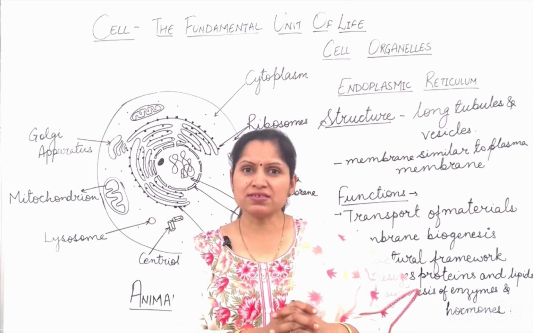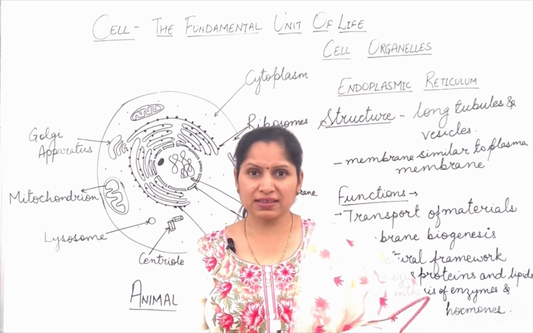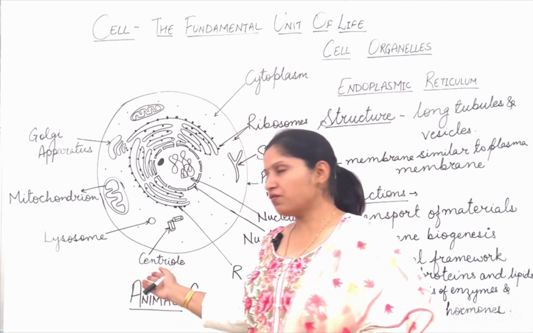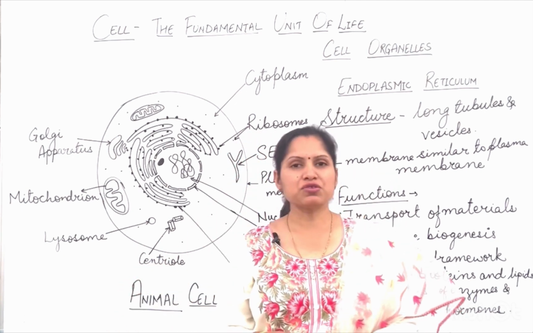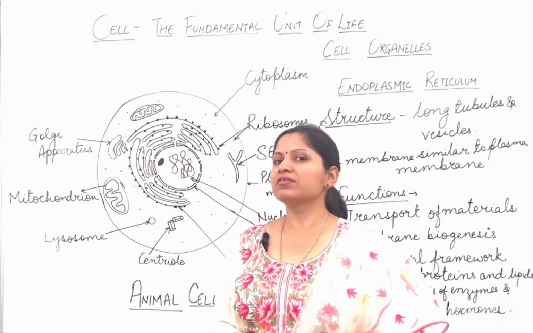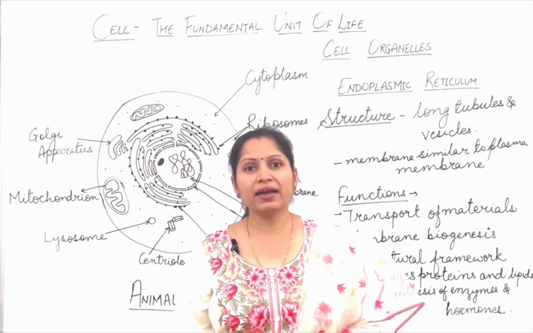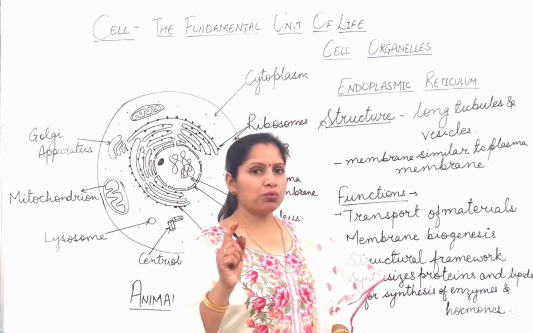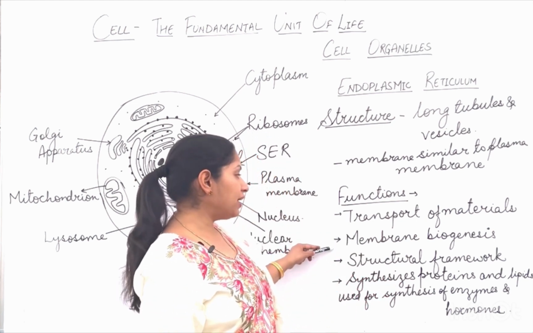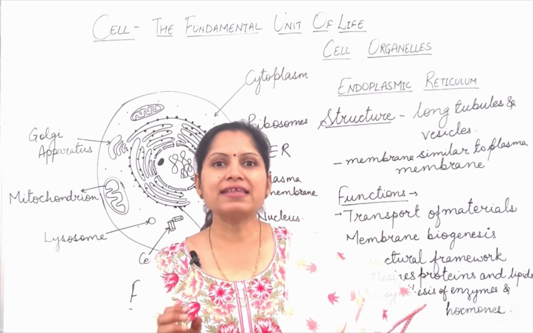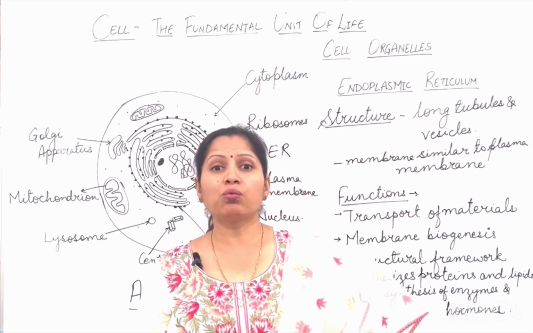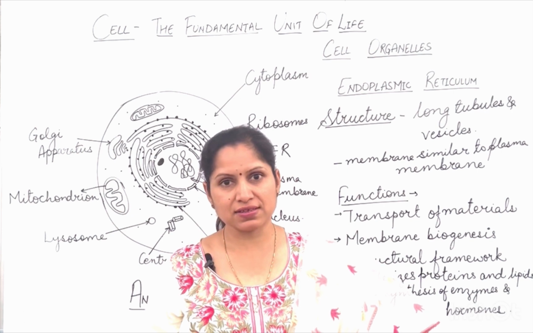So, proteins required for plasma membrane synthesis come from rough endoplasmic reticulum and the lipids required come from smooth endoplasmic reticulum. And that is why one of the functions of this endoplasmic reticulum is membrane biogenesis. It's very important as an individual question also, that what is membrane biogenesis.